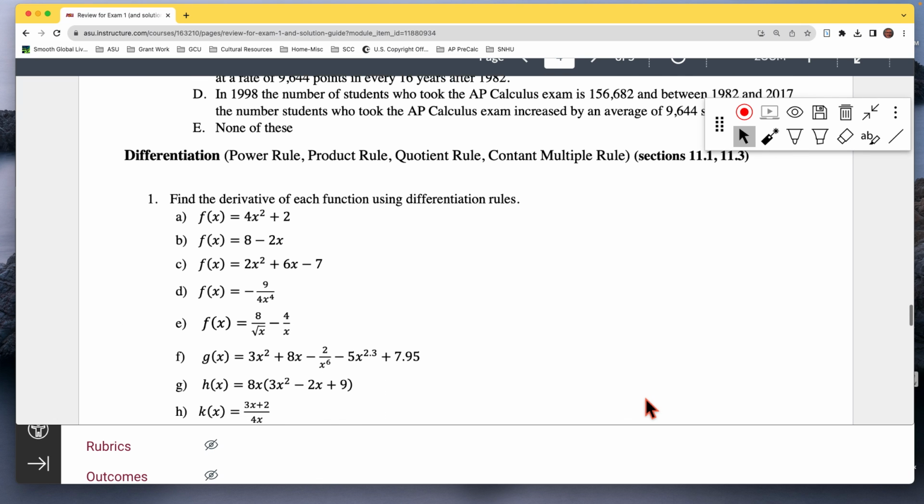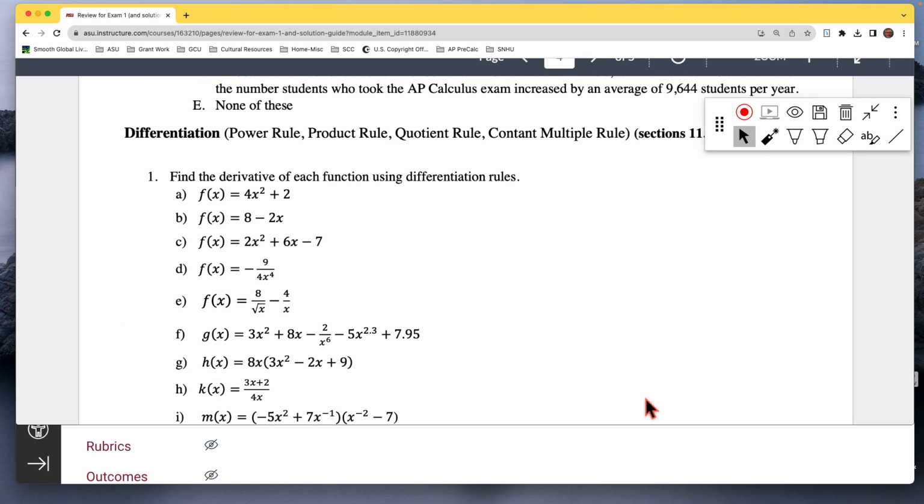And then there'll be a few on using the power rule, product rule, or quotient rule. Constant multiple rule is kind of built in. I don't think of that as different.